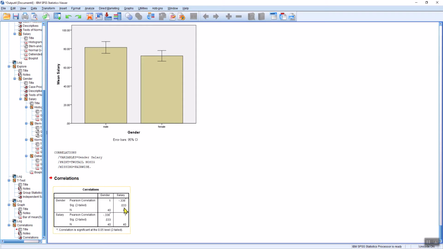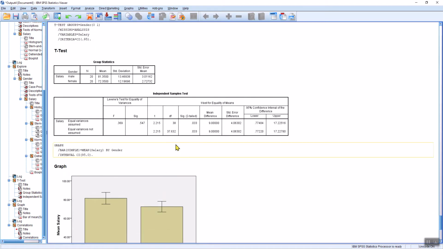Now that 0.033 for the significance, notice that that's the same number here. You get the identical significance value. And in fact, if you transformed the t-test into an r, you would get the same number. You can do that by taking the formula t squared divided by t squared plus df, and then take the square root.